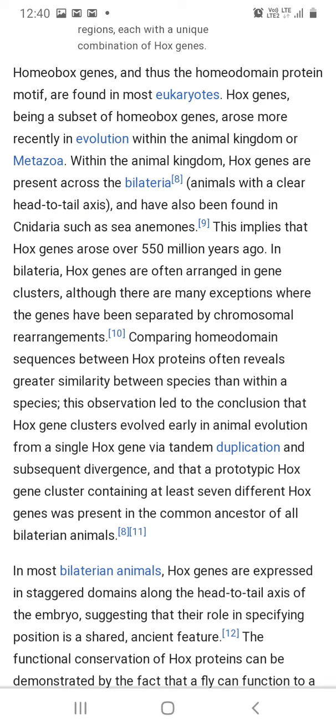Such an animal, the Urbilaterian ancestor, had neither a bony endoskeleton, a deuterostome trait, nor a hard exoskeleton, a character of ecdysozoa.